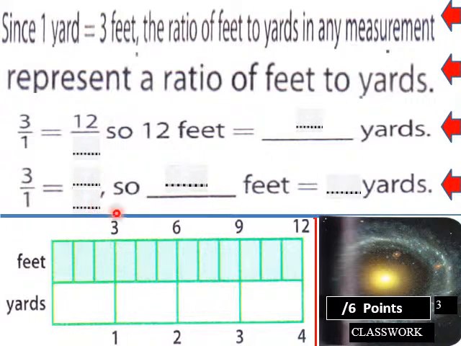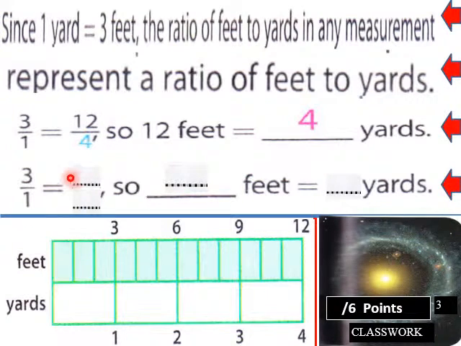Here, 3 over 1 is 3 feet per yard, and we have 12 feet over 4 yards. 3 times 4 is 12, and 1 times 12 is 12. These equal each other using cross multiplication.